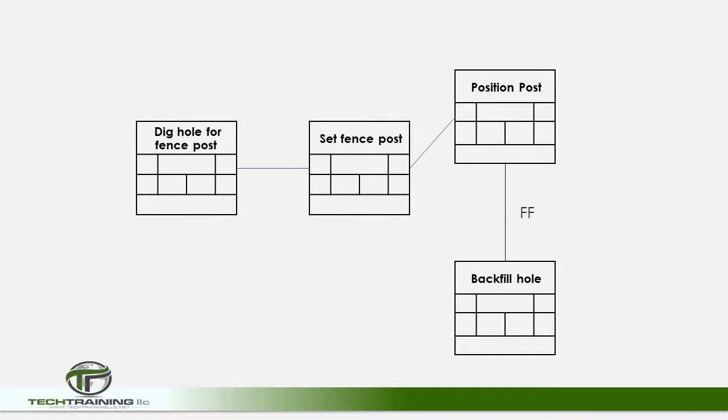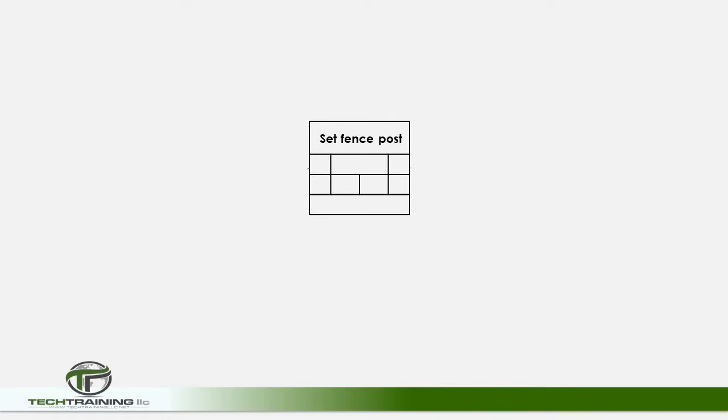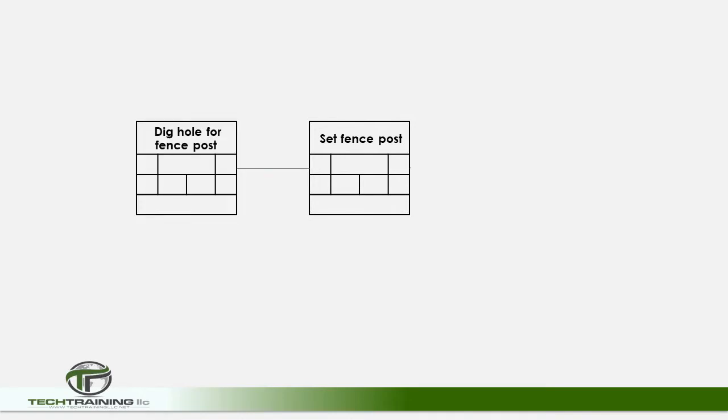Here, we see an example of the finish-to-finish activity relationship when setting a fence post, a simple task which requires the finish-to-finish relationship. As you can see, the second activity, setting the fence post, has a finish-to-start relationship with digging the hole for the first fence post.